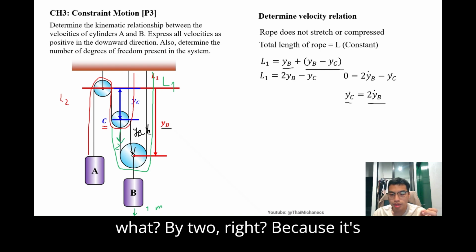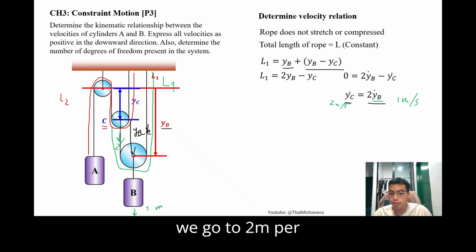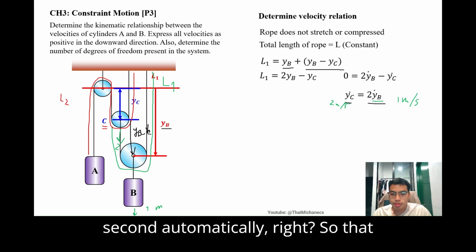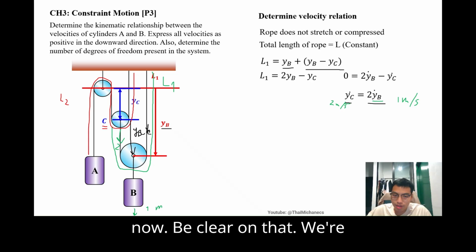By 2, right? Because it's a proportion. If Y dot B equals 1 meter per second, then Y dot C will automatically equal 2 meters per second. So that means the movement of pulley C depends on cylinder B directly. Okay, so now we are clear on that.